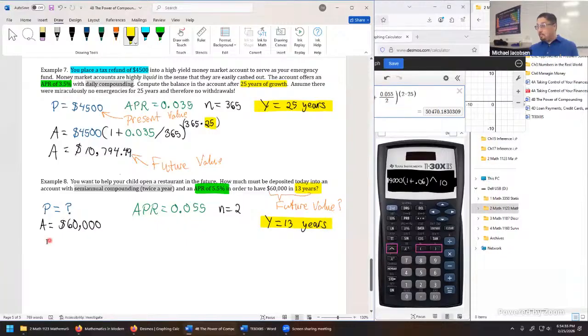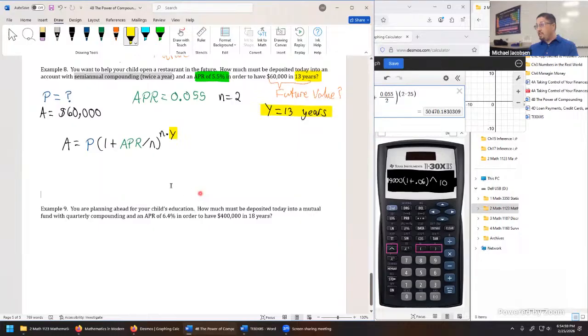Let's put down the formula for compound interest, compounding twice a year. The formula goes: amount equals principal times 1 plus the annual percentage rate, APR, divided by n, raised to the power n times y. So there's our whole formula there.